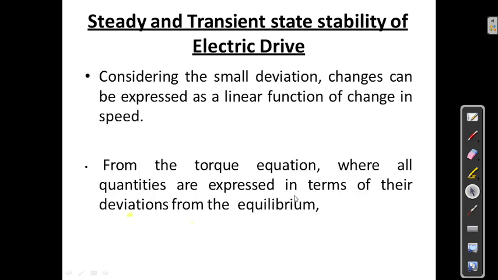Considering the small deviation, changes can be expressed as a linear function of changes in speed, from that torque equation, where all quantities are expressed in terms of their deviations from the particular equilibrium.